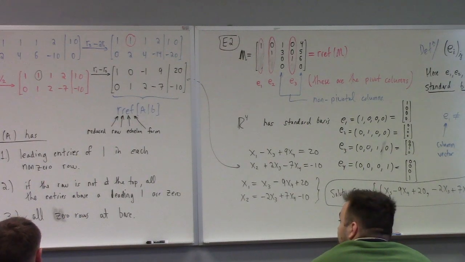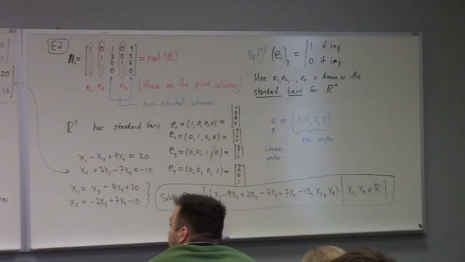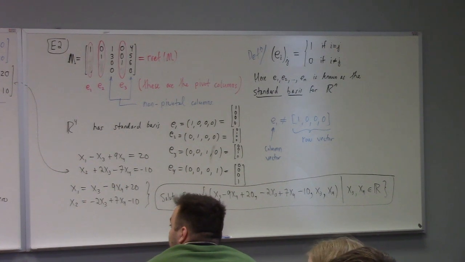That is the standard form of the solution set. Let me put it into words. The standard form of the solution set is formed by calculating the reduced row echelon form of the augmented coefficient matrix, and then writing the pivotal variables in terms of the non-pivotal variables.